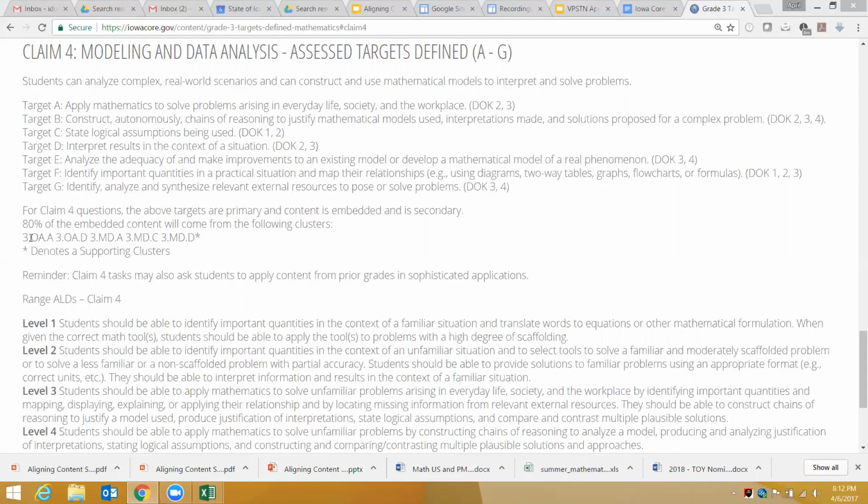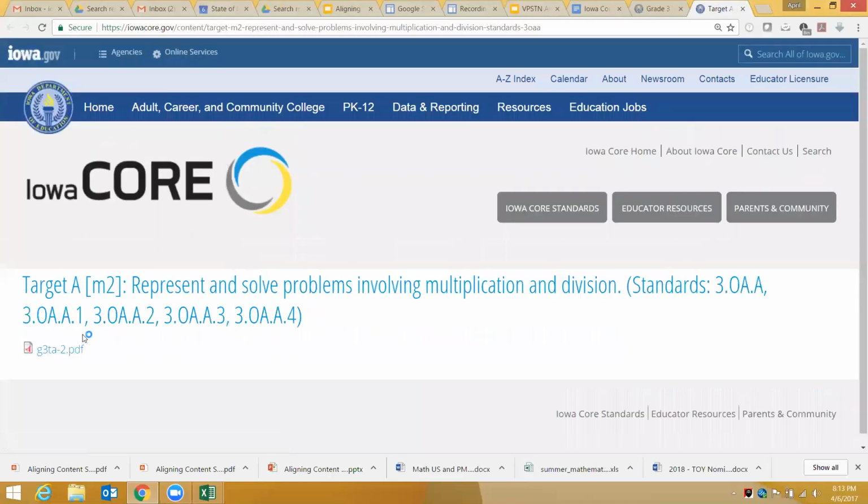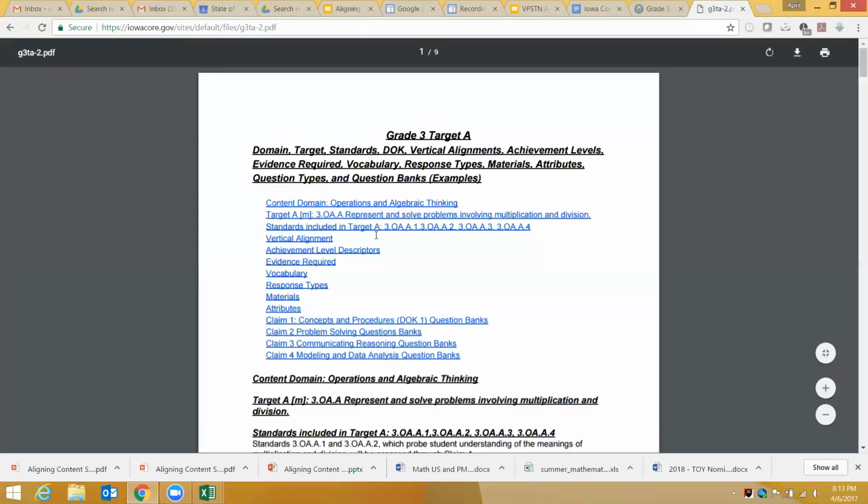So let's go ahead and for 3rd grade, go up and look at 3OA. Let's look at that target or that cluster in the standards. And if you've watched previous webinars, then you know that our clusters and our standards are the same as our targets for assessment. So we're going to go up here to 3OA, and that deals with these 4 standards there. And so we'll open that, and then we have to click it one more time.